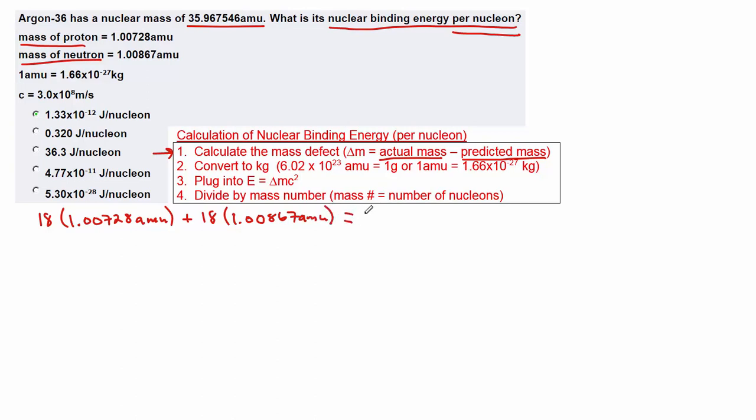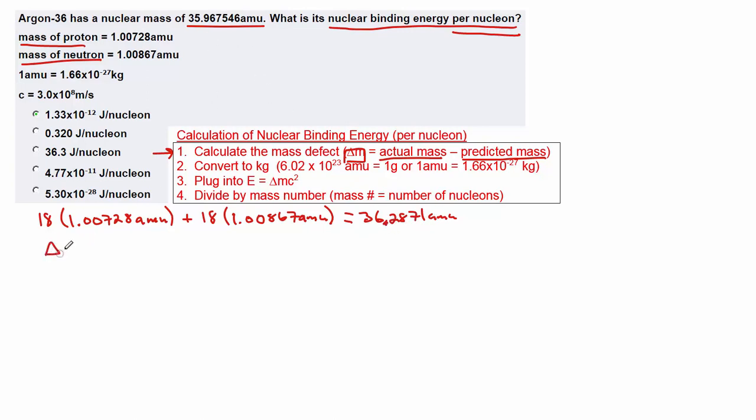We multiply these together, and this comes out to 36.2871 AMUs, and you're going to want to carry out a lot of sig figs on these calculations. Now we can get the mass defect by taking the difference between this predicted mass and the actual mass given in the problem.